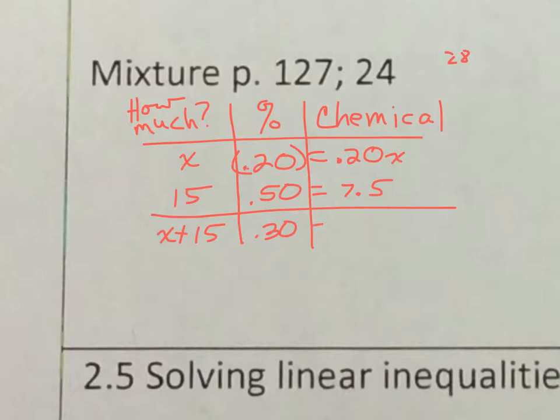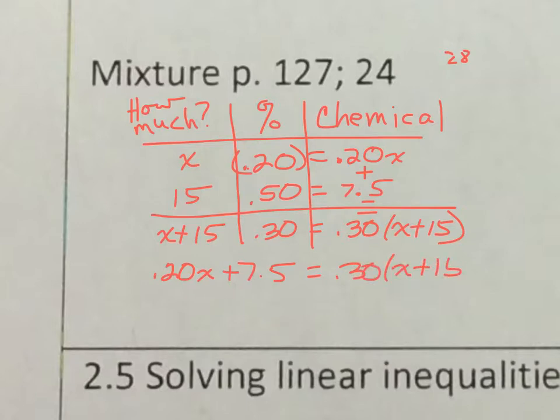And then down here at the bottom, the amount of chemical will be .30 times the x plus 15 liters of solution. So if we add the first two, it should be equal to the bottom. So the equation that you need to solve this problem is 0.20x plus 7.5 is equal to 0.30 times x plus 15.